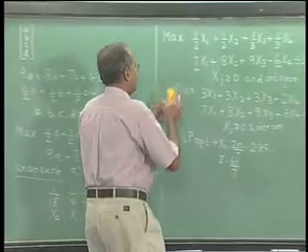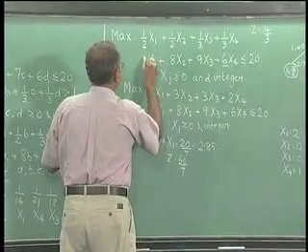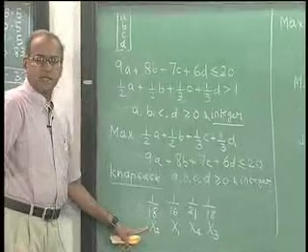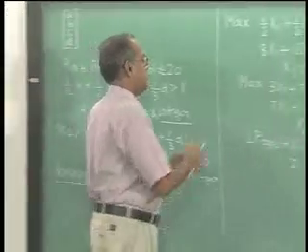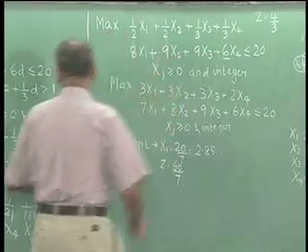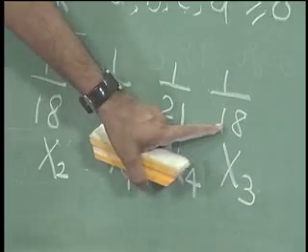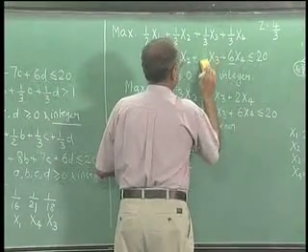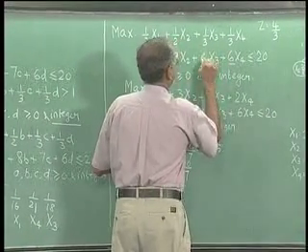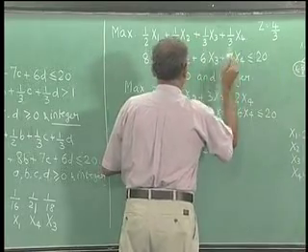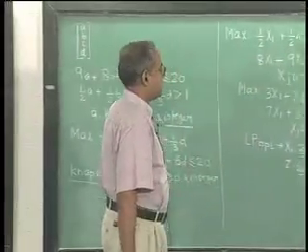So, we will have 8 x1. This is the variable x2 that corresponds to 9 inch. So, we will have 9 x2. This is the variable that corresponds to 6 inch. So, we will have 6 x3, and this is the variable that corresponds to 7 inch plus 7 x4 less than or equal to 20.